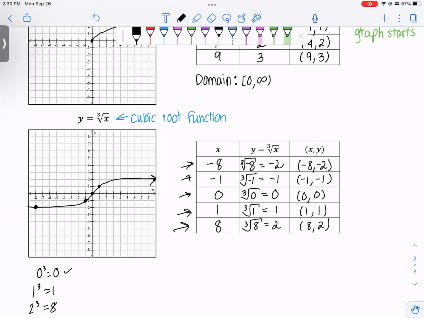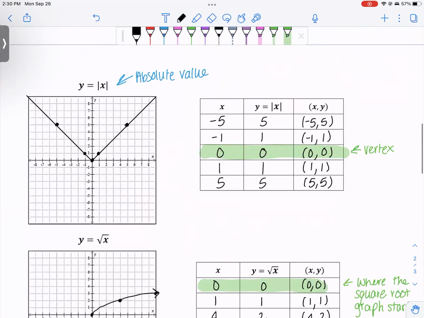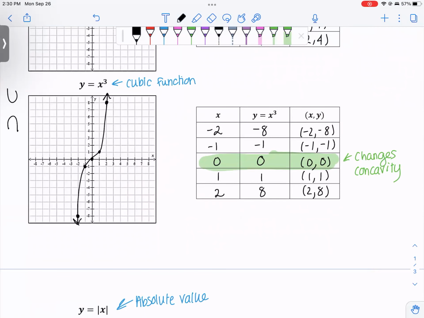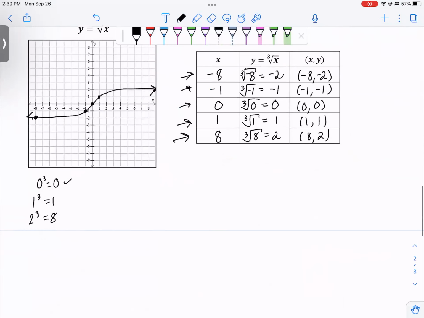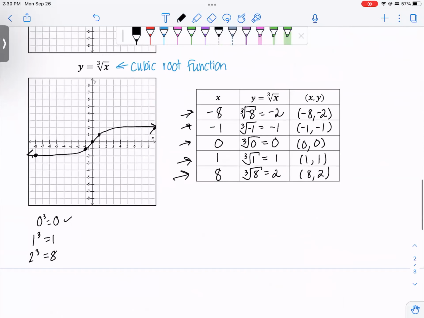Okay, that graph got a little weird there, but that's fine. So it looks a little bit like this. It actually looks an awful lot like the cubed function, but on its side. Interesting.